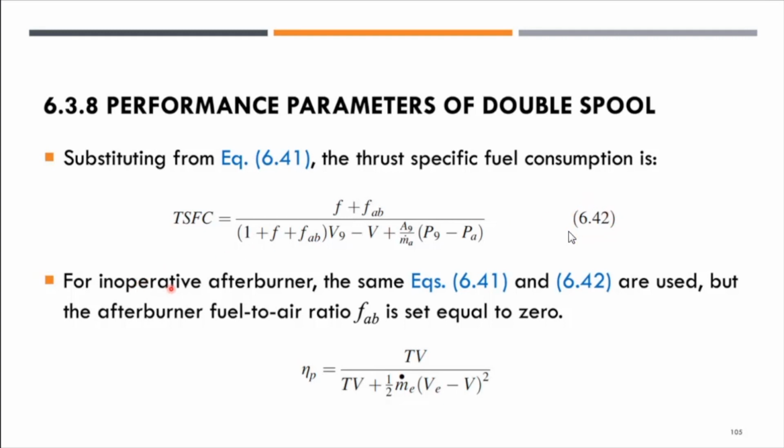In the case of inoperative afterburner, 6.41 and 6.42 are used, but the afterburner fuel ratio is set to be 0. Okay, you make sure you put it as 0 for inoperative afterburner. So you get the zeta P in this expression.